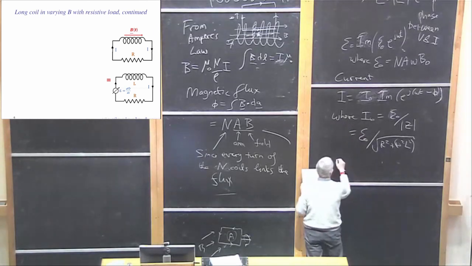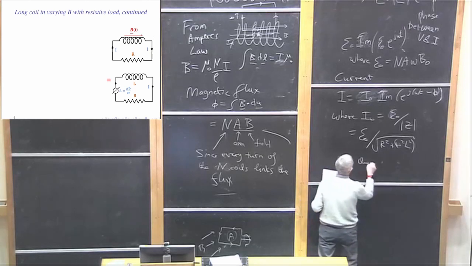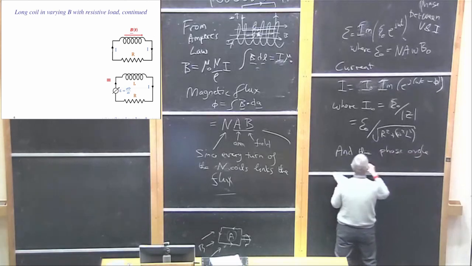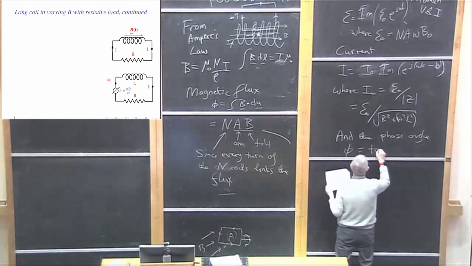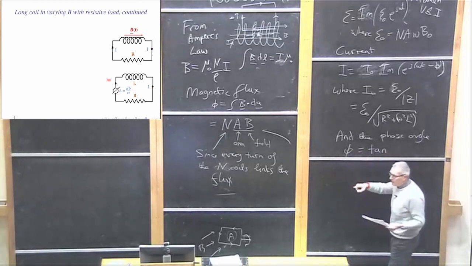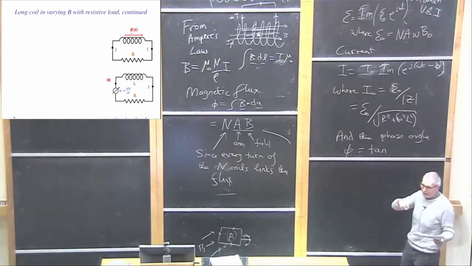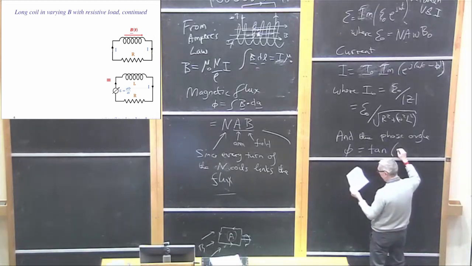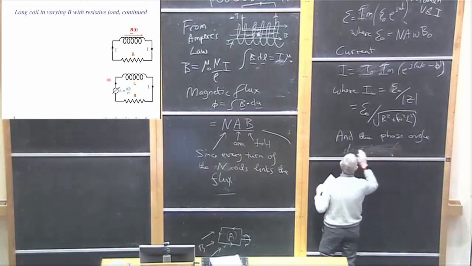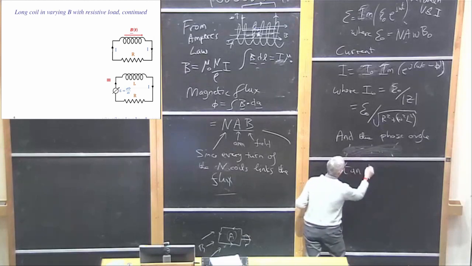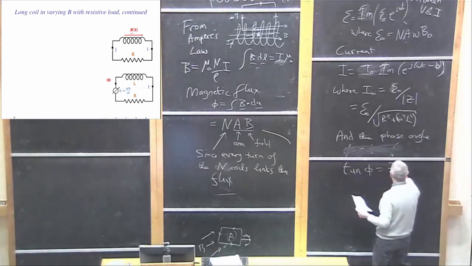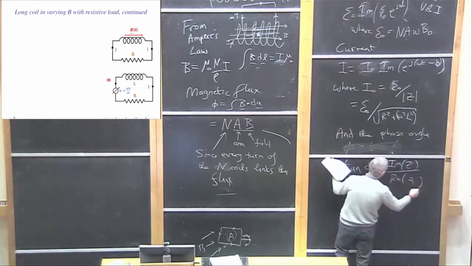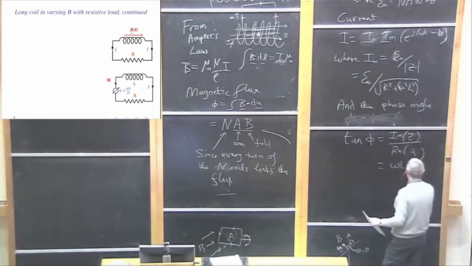That's the magnitude of the voltage there, i.e. the back EMF. And the phase angle phi is given by tangent of the imaginary part of the impedance to the real part. Tan phi is the imaginary Z over real Z, which is equal to omega L over R. There.